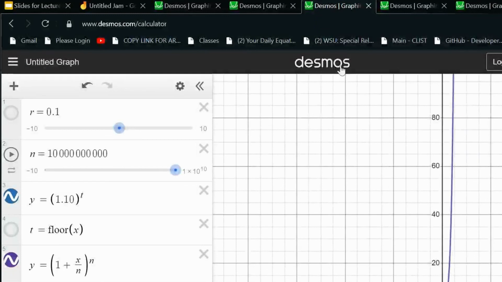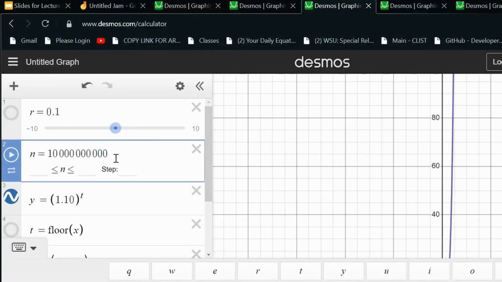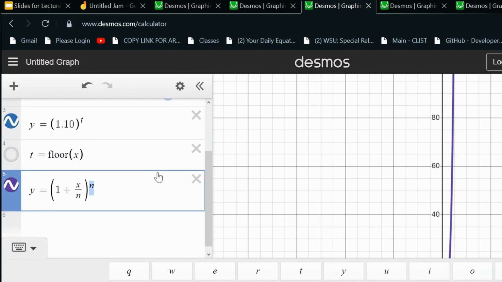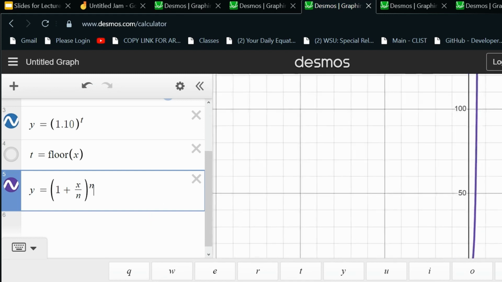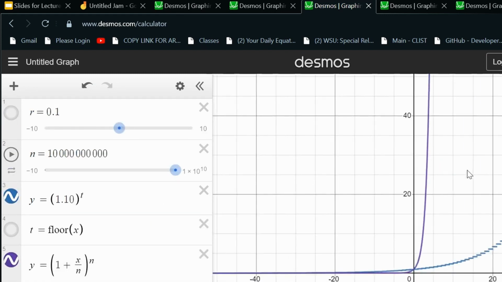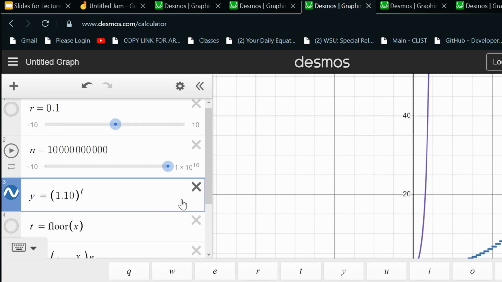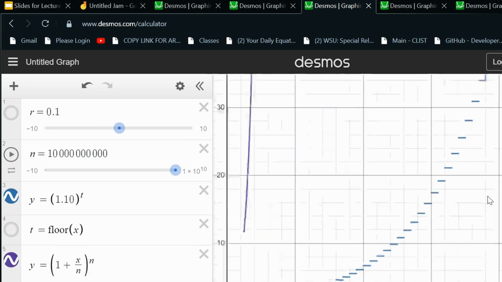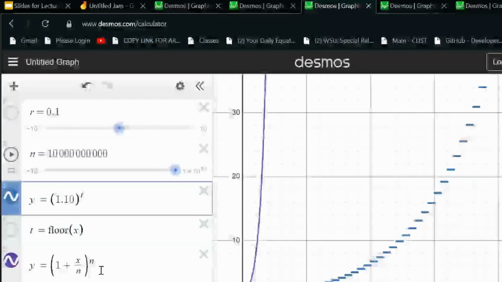What n approaching infinity means is that n is the number of times you compound, and this is division here because of how many times you apply the rate. If we take finer and finer steps, that's what happens. For example, this is the floor function, the floor of x.